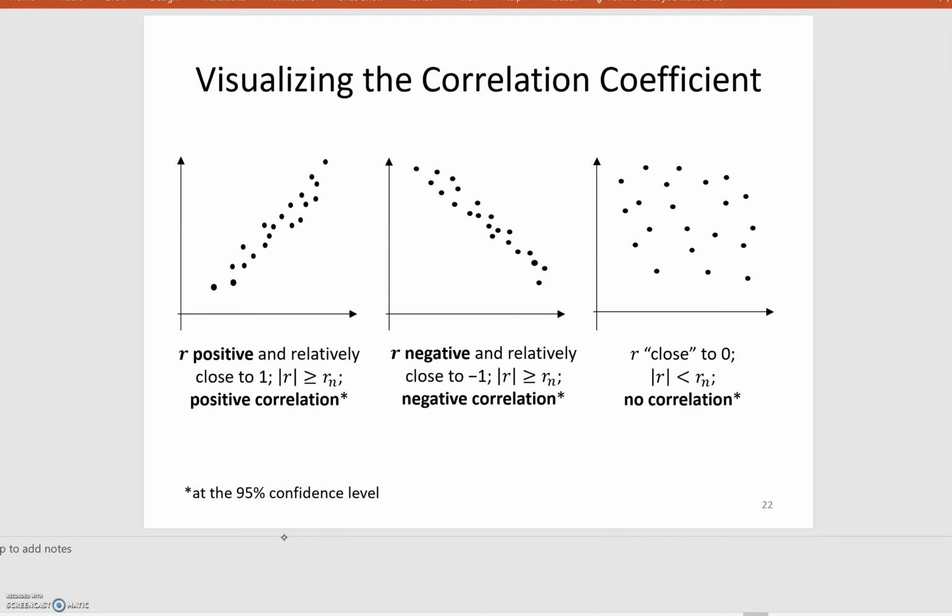Negative correlation corresponds to a decreasing function. And as we approach 0 from either side, you just get this scattershot distribution that seems to have no correlation whatsoever. So that's what we mean by positive, negative, and no correlation.